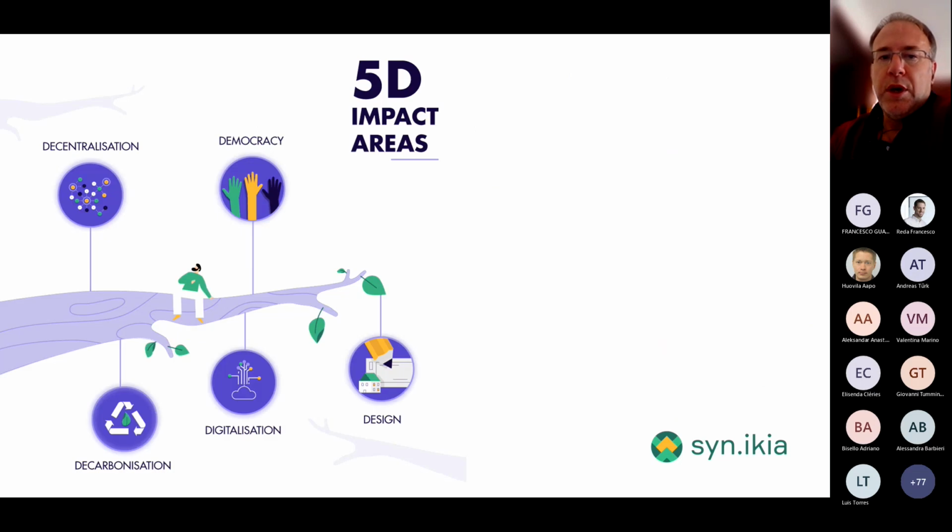Our philosophy is to have in mind 5 impact areas. We call them the 5D: one is centralization, the other ones are democracy, design, digitalization, and decarbonization.